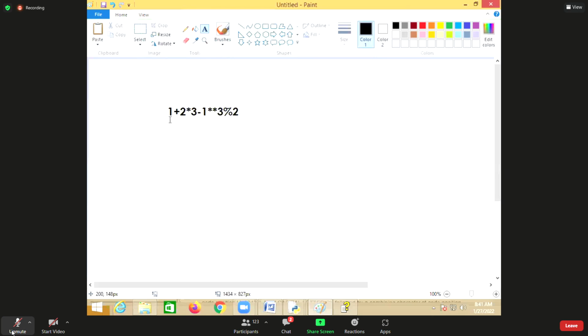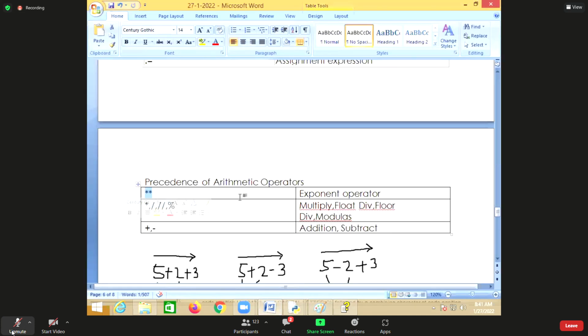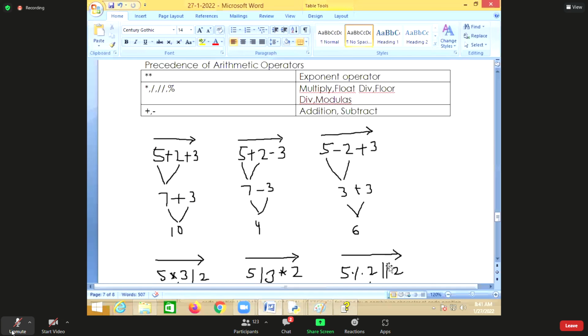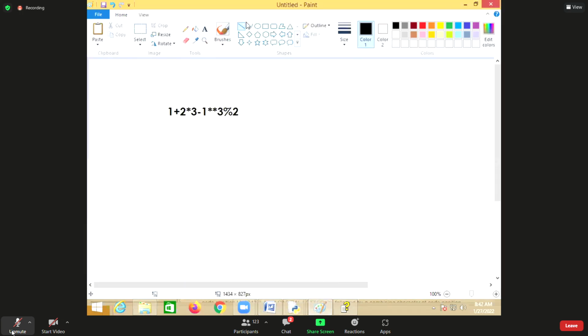This is an expression, and how many operators does it have? Plus, star, minus, star, star, and one more, percentage. Tell me which one is given the highest precedence? The exponent operator. So first it will evaluate the exponent.